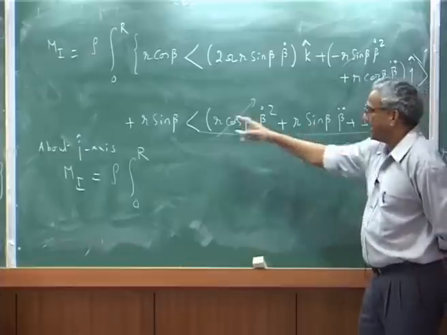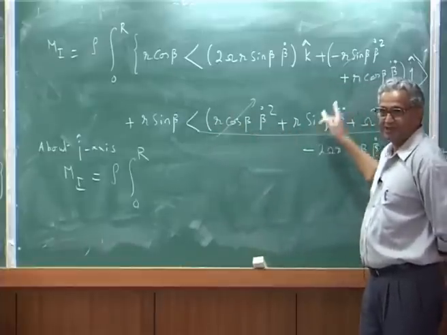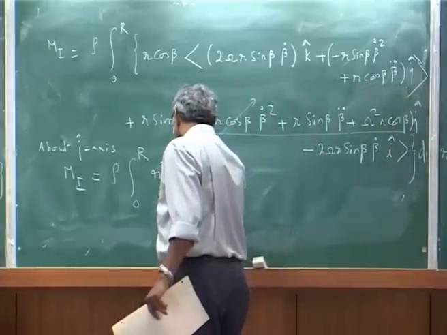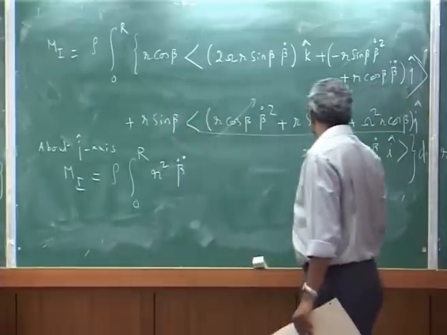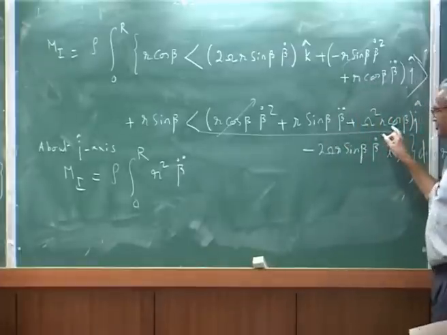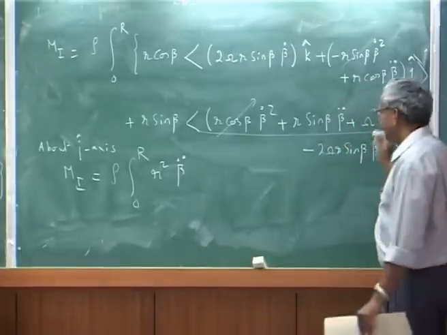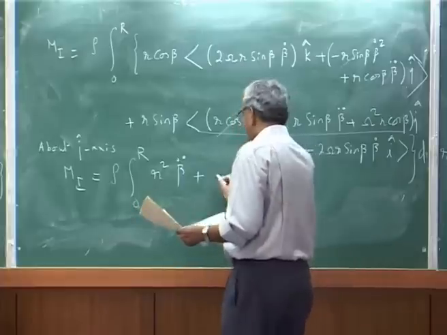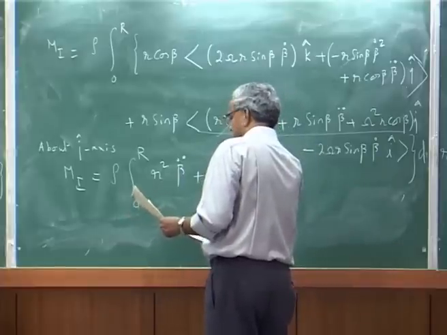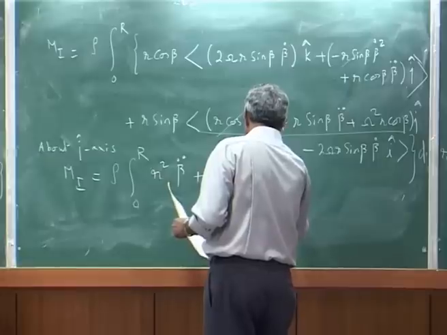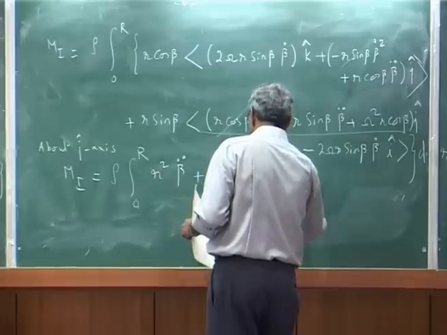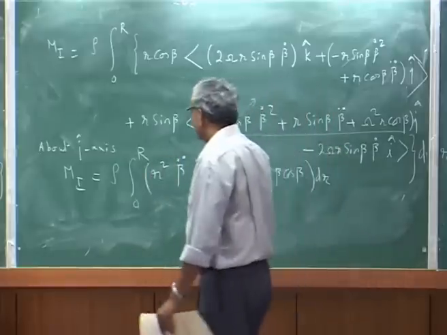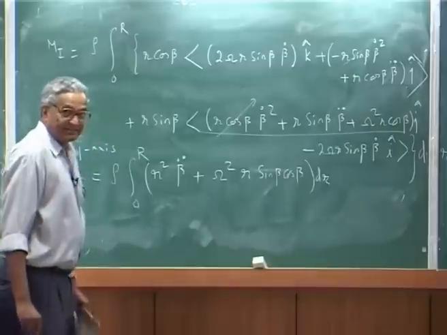Sorry, r square sin square. So sin square plus cos square is 1, and you will have r square beta double dot. And then you will have this term plus omega square r sin beta cosine beta, dr.